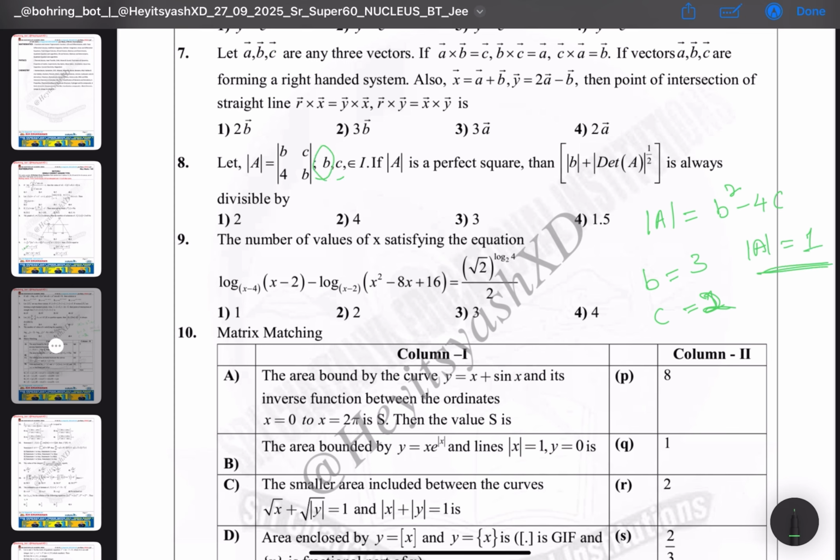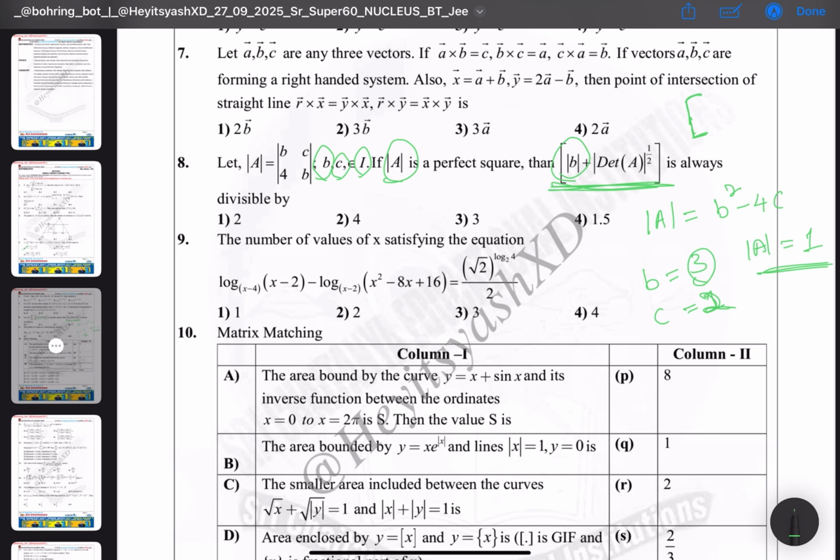So we got integers b and c, and det A is also a perfect square. Now they are asking us to find this value. What will this be? This is the greatest integer part of mod b.